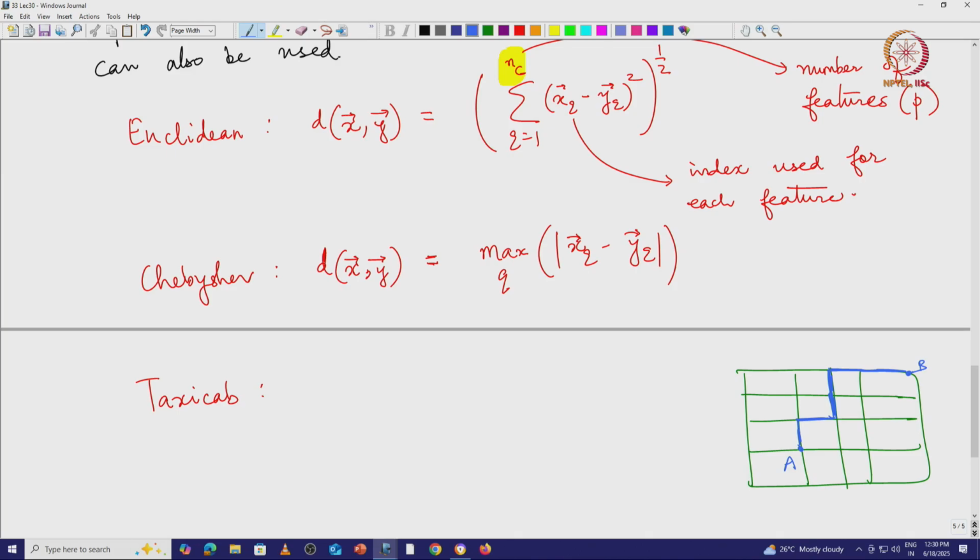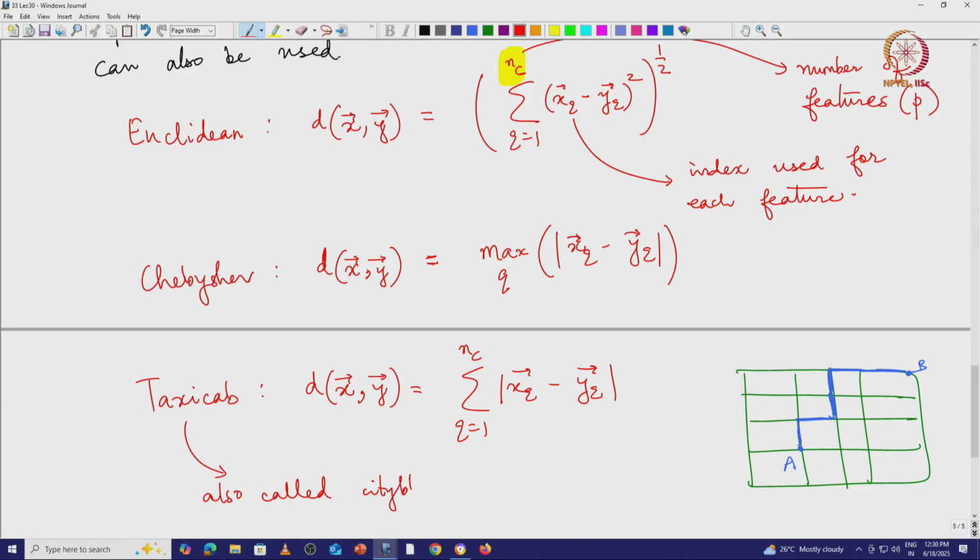So, using that in mind, you can write the taxi cab distance, which is also called city block distance, as the sum over q equals 1 to nc or p, number of features or number of components, of the absolute value of xq minus yq. This is also called city block distance, because what I have drawn here, someone can envision it like a block layout of a city.